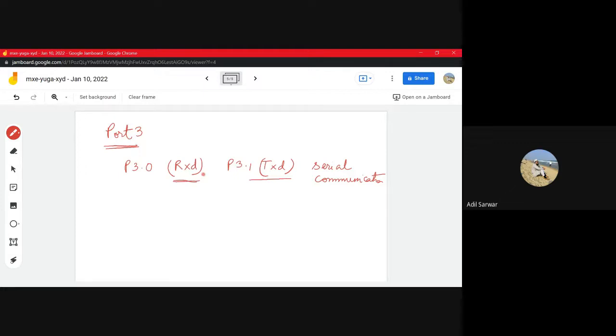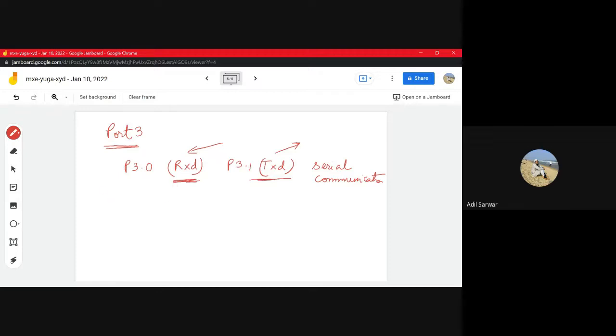RXD means receive data, and TXD refers to transmit data. So when used in serial communication, we can use one for reading the data and the other for transmitting the data.